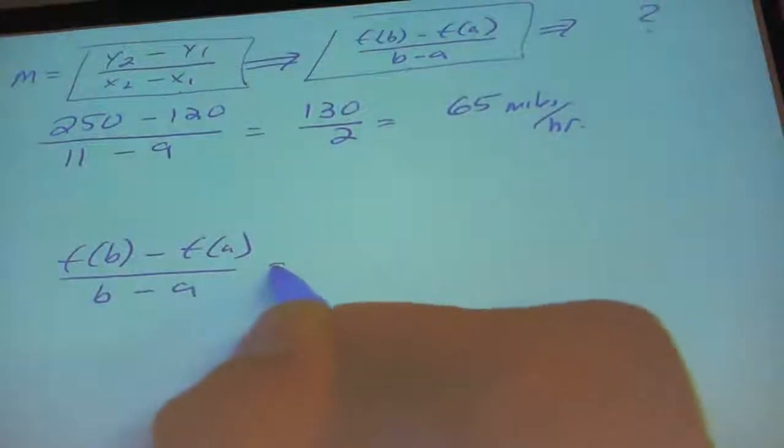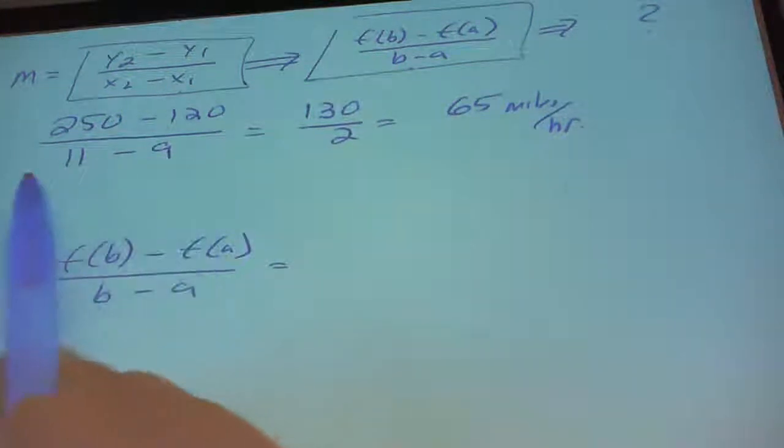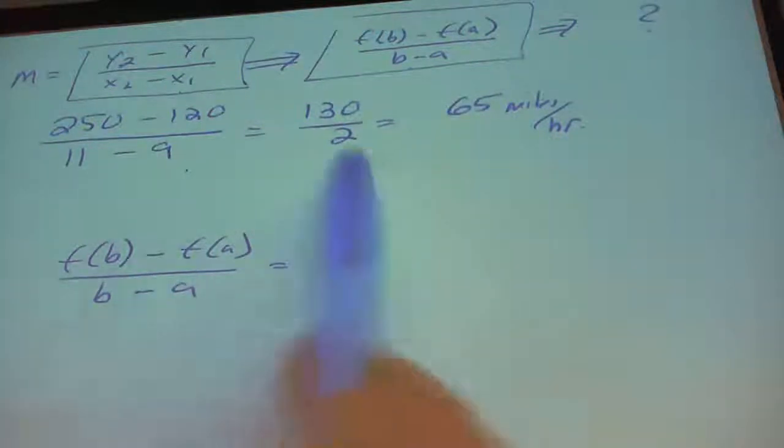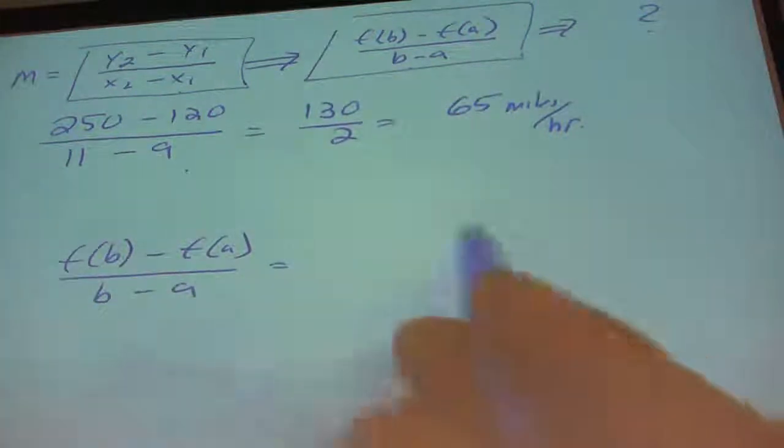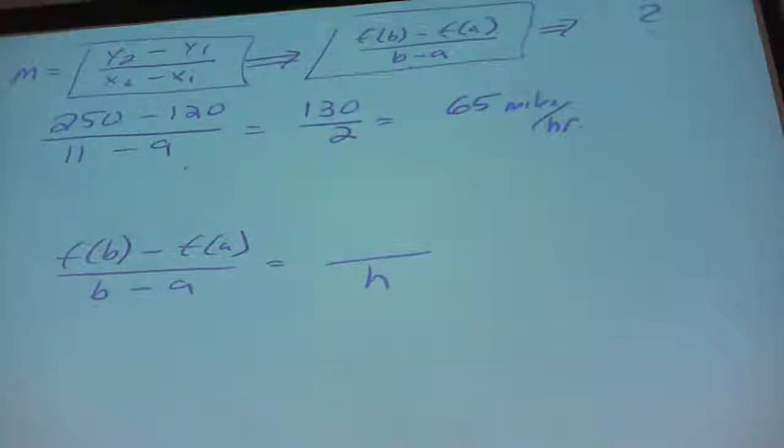So what they're saying is the distance from B to A. So from 9 a.m. to 11 a.m. is how many hours? 2. Does everybody see that? From 9 a.m. to 11, it's 2. Let's call that H. 2 hours have gone by. How do you find H? You do B minus A. We okay?